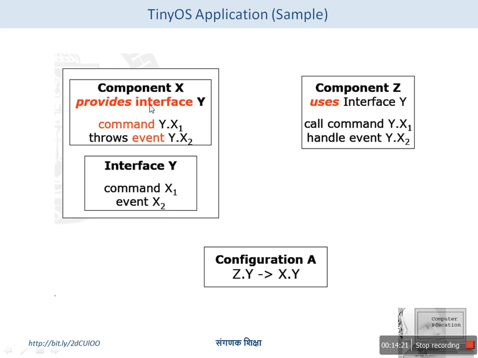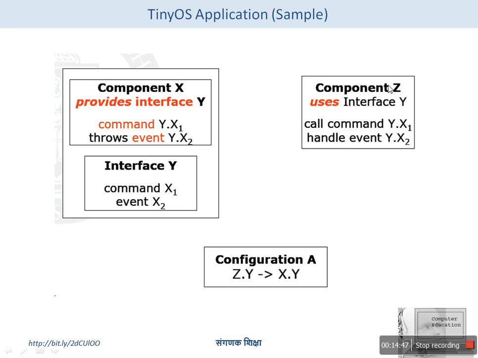So in component X you are just calling x1 through the variable y of interface Y. You can also throw the event x2 of interface Y using the event syntax. So this command and event are included in a component, and these commands and events are defined in the interface separately.